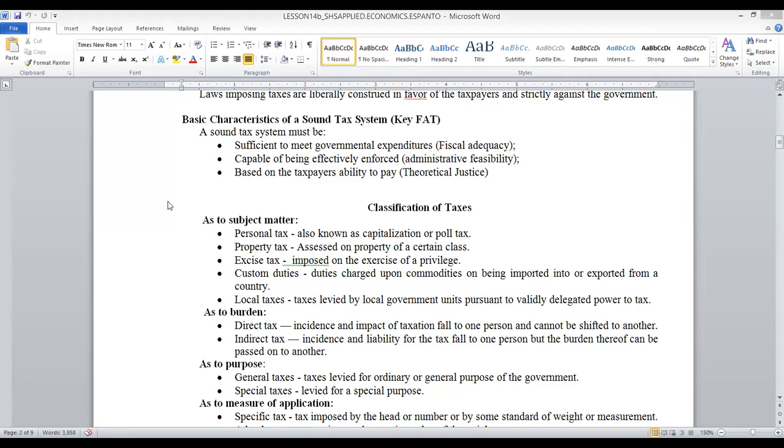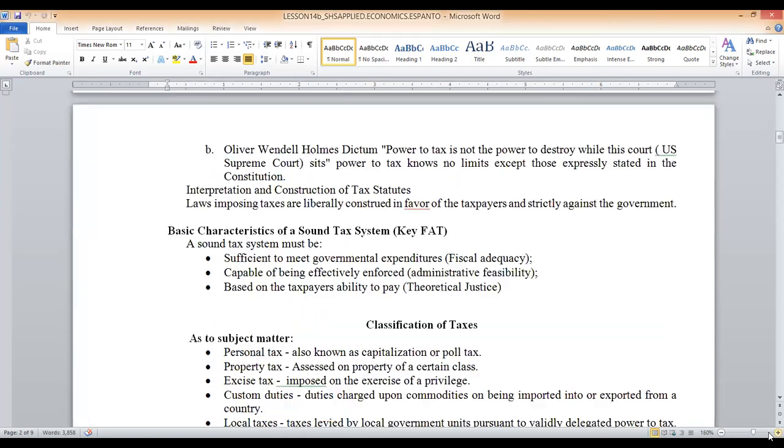So a sound tax system must be sufficient to meet government expenditures. Also, it should be capable of being effectively enforced and based on the taxpayer's ability to pay. So it should be fiscal adequacy, administrative feasibility, and theoretical justice. So that is for our FACT.